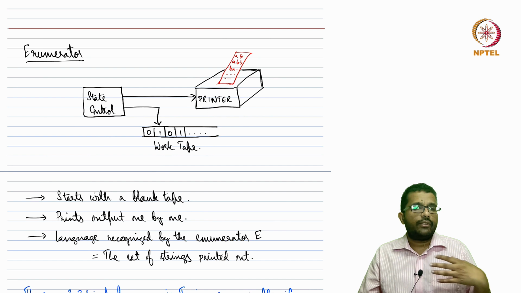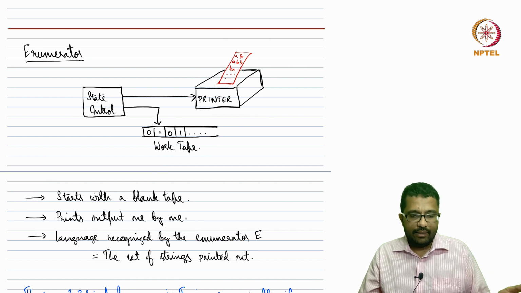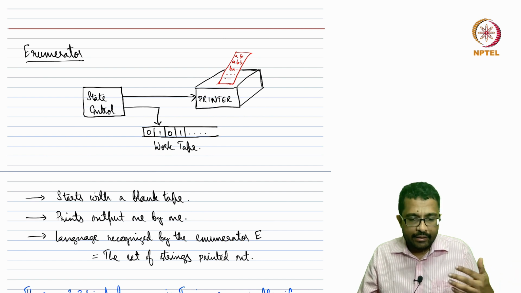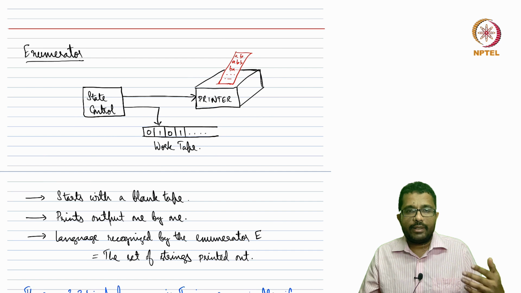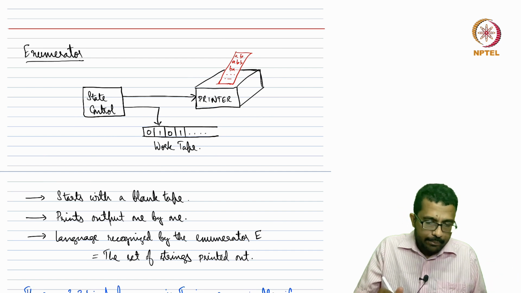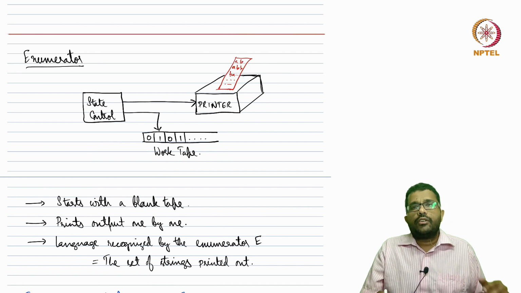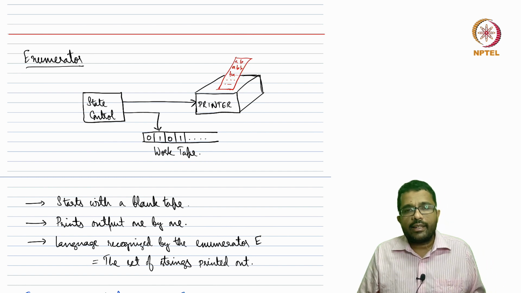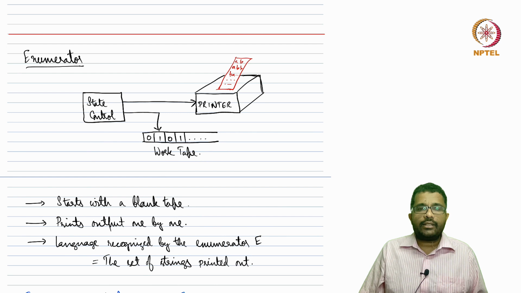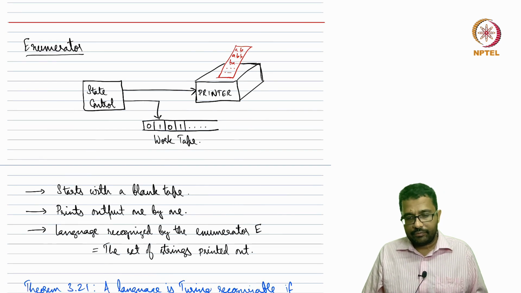It is not like a Turing machine where you give an input and it accepts or rejects. Instead, initially the work tape is blank, and then it starts working. You just switch on the machine, it starts working, and it keeps printing strings on the printer. So the language recognized by the enumerator is the set of strings that are printed out.